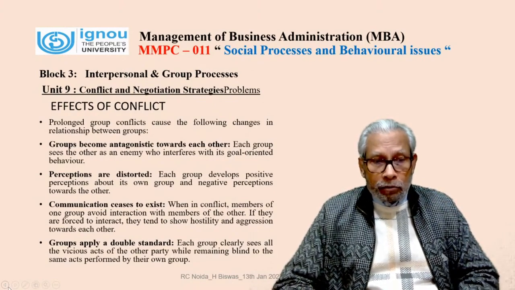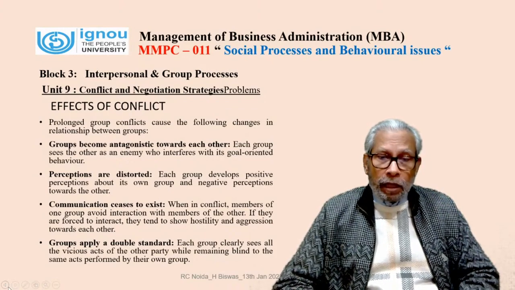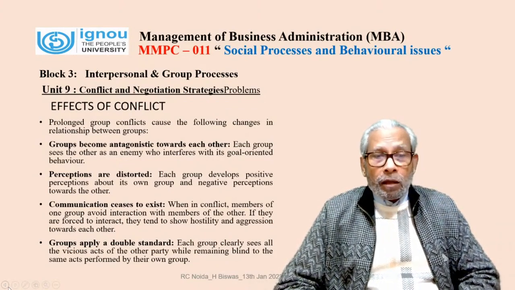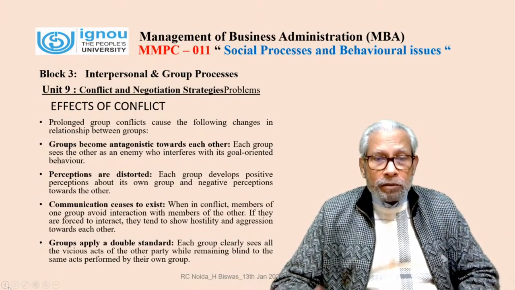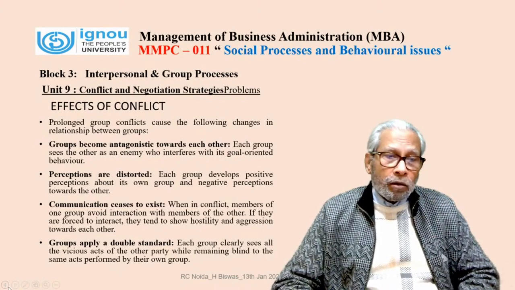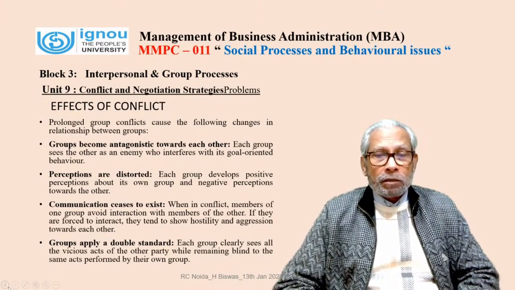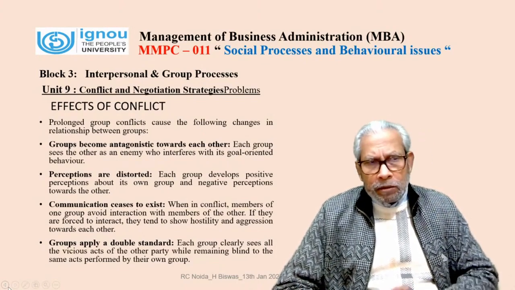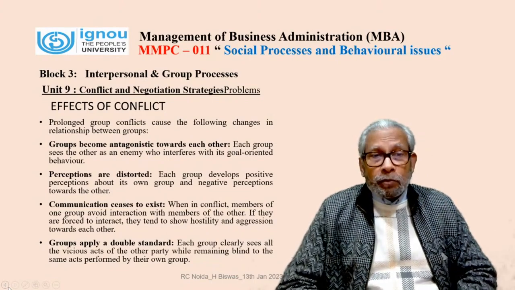Interaction will almost stop, and aggression between each other begins. Then groups apply double standards. Each group clearly sees the other's faults while remaining blind to its own, the areas where they are not performing well. So all of this is a totally bad effect if we prolong the conflict.